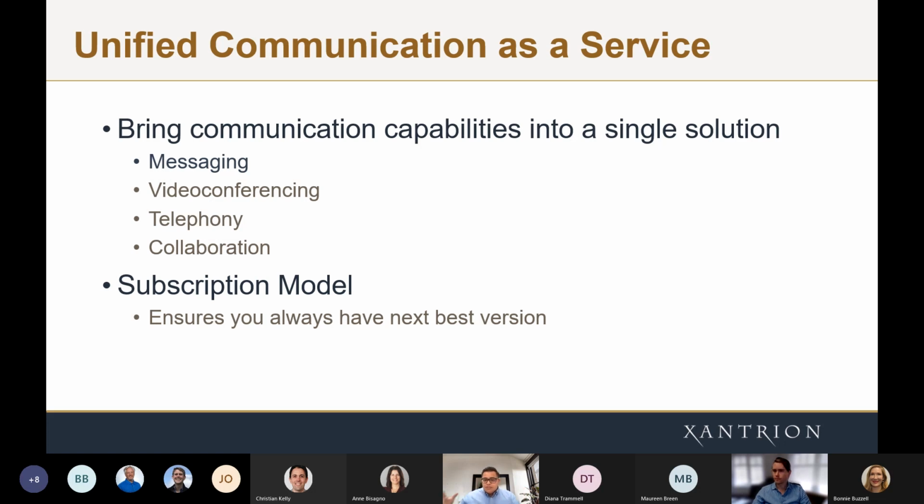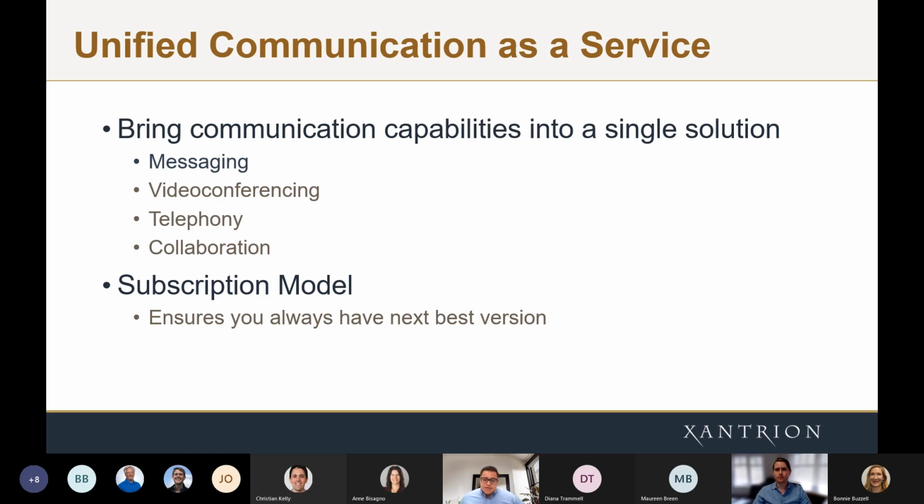Specifically, unified communication as a service means bringing messaging, video conferencing, telephony, and collaboration tools under a single interface that all of your employees can use every day to do their work.